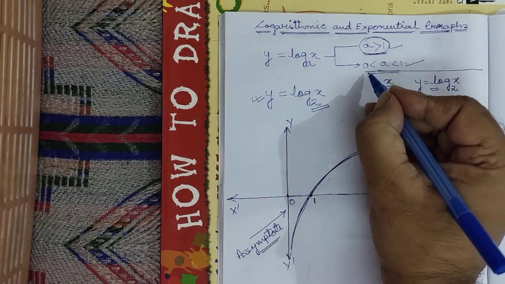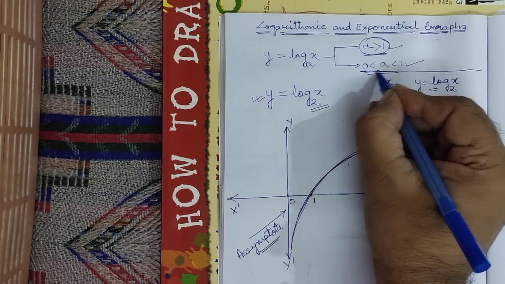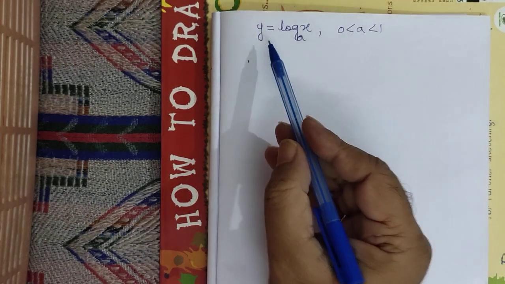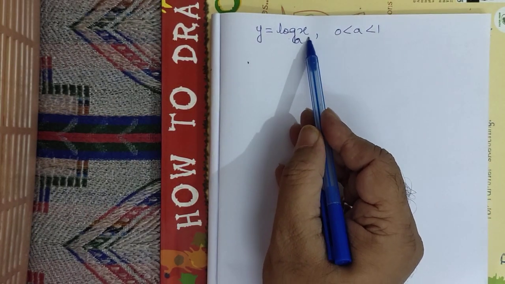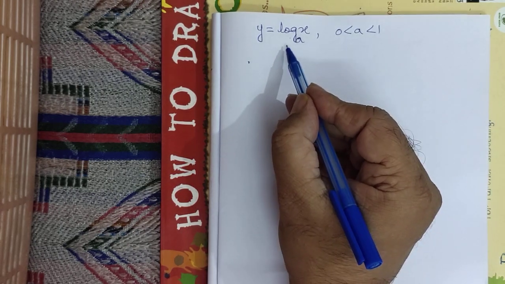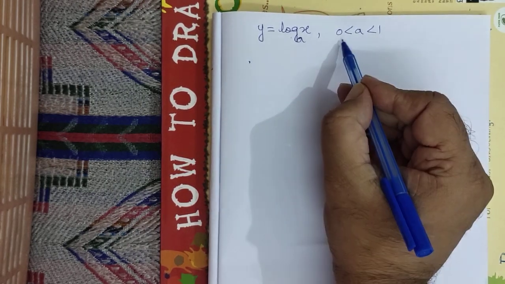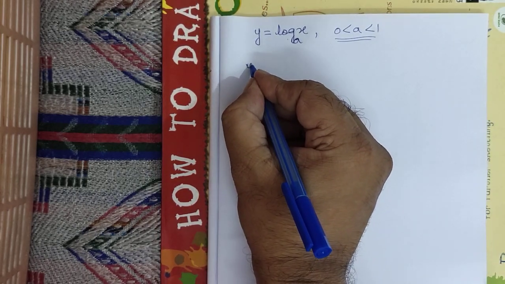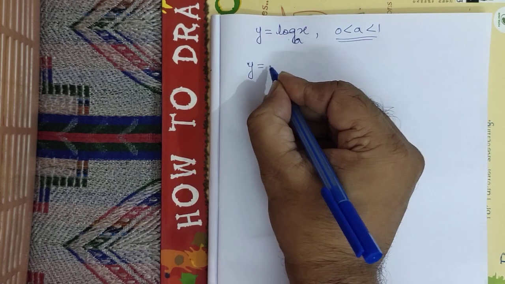Now, I will make you understand the graph under this condition. So I told you y equal to log x base a. Again, to understand the behavior of the graph under this condition, let me take an example. Examples always make you understand it properly.